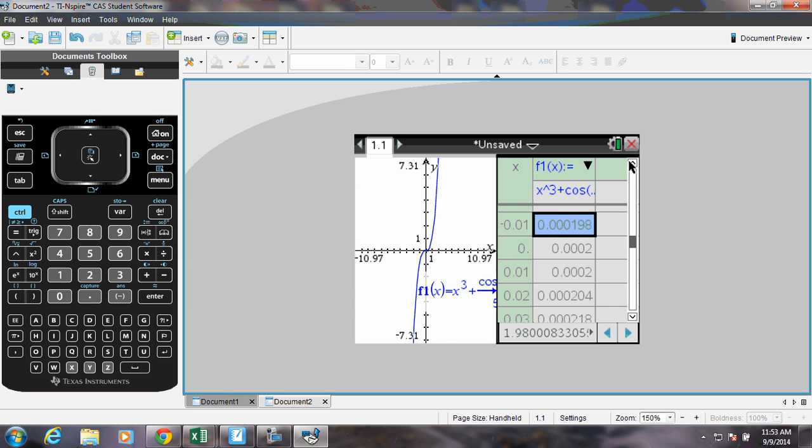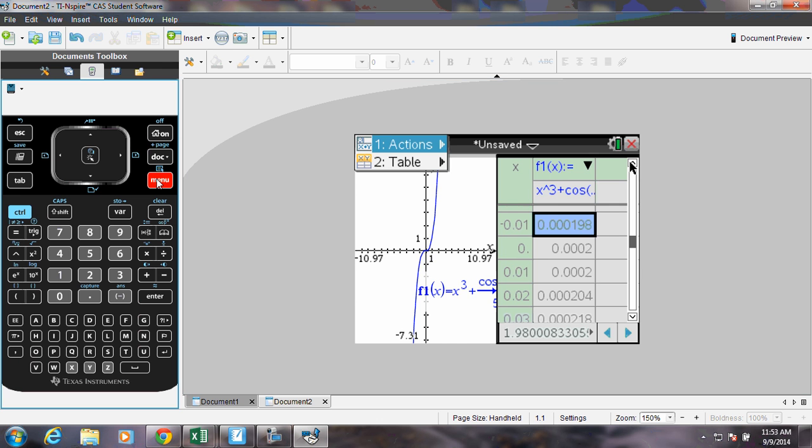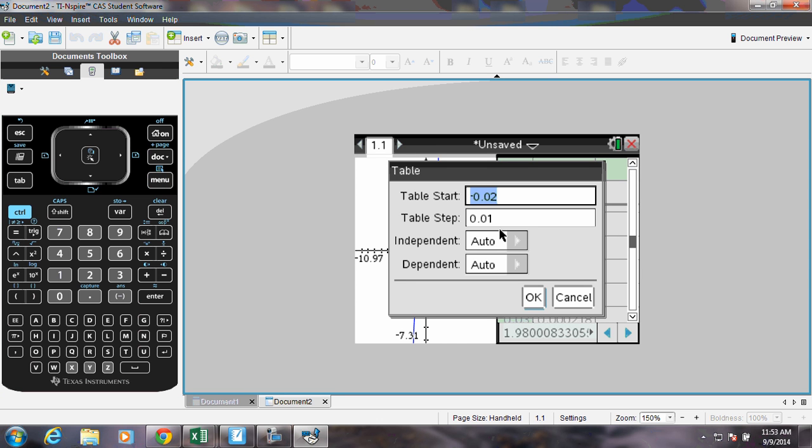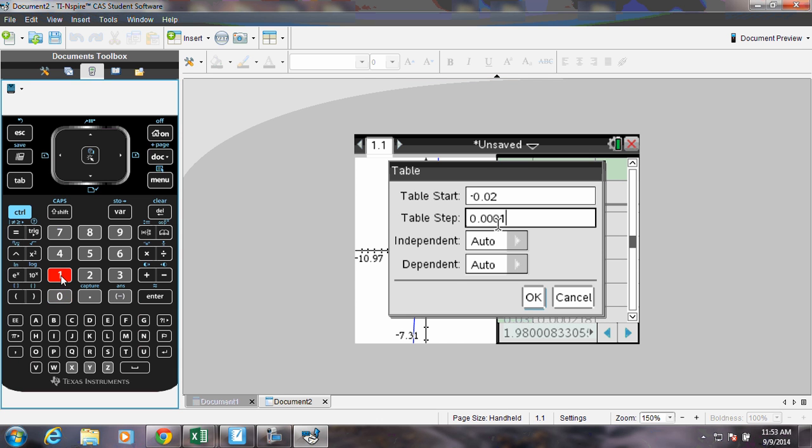What are you seeing, though? Does it actually look like it's closing in on 0? It looks like it's closing in on 0.0002. And if we wanted to go further, we could investigate this by using even smaller numbers. Edit the table settings and say 0.001. That's a really small step.